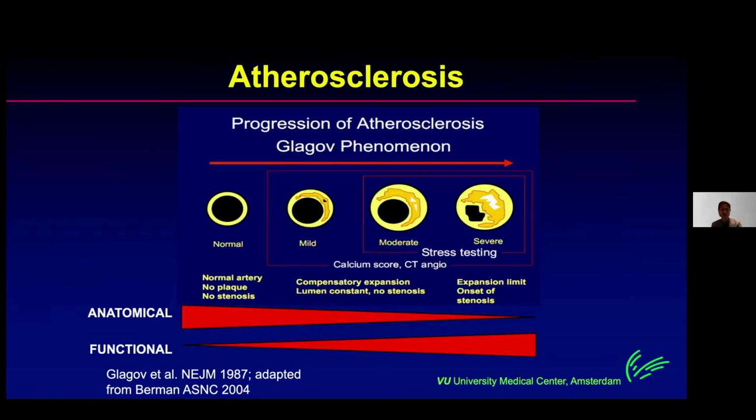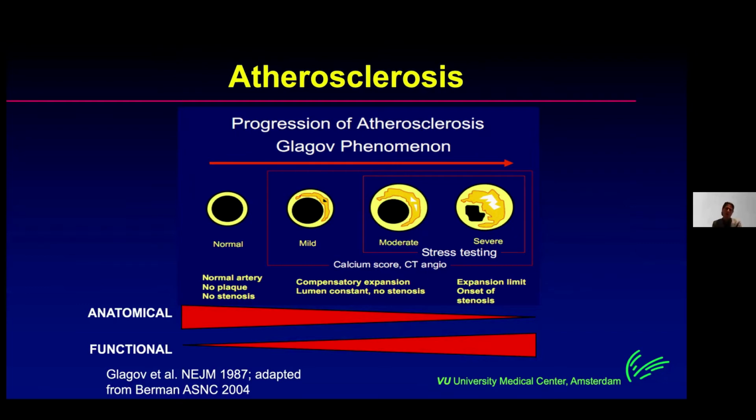The anatomical features are very well assessed with CT-based imaging, and the functional imaging is very well assessed with SPECT, MRI, or PET. So these imaging modalities are pretty much complementary as much as they are competitive.